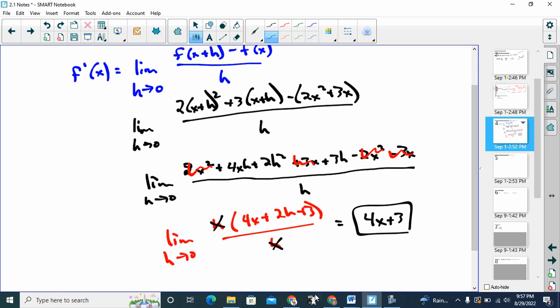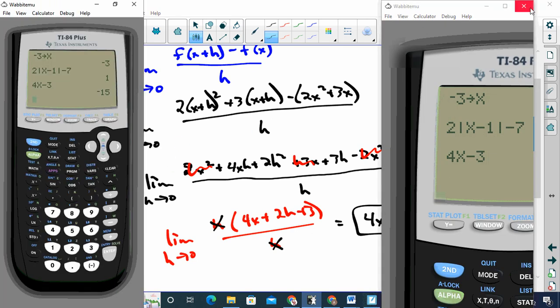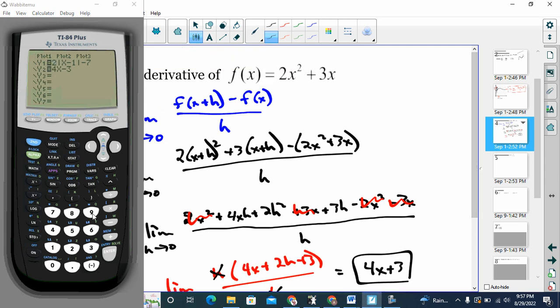Now let's take a look real quick on the calculator as far as what this means. So if I were to graph y equals 2x squared plus 3x, get rid of these other graphs. I'm going to change my window a little bit so we can see it a little bit better.